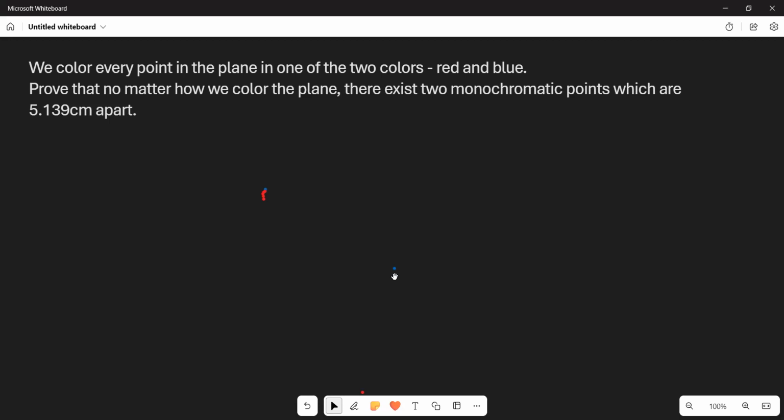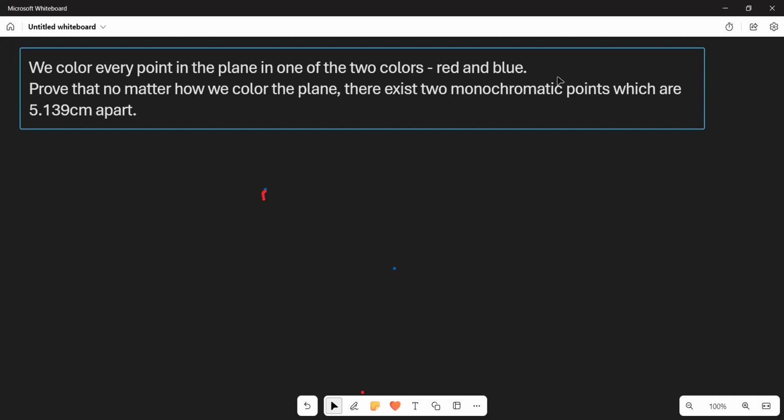It extends on all sides infinitely. Now it's made up of a lot of points. We're coloring every single point. It's going to be either red or blue. So prove that no matter how we color the plane, there are going to be two points. What does monochromatic mean? Monochromatic just means of the same color.